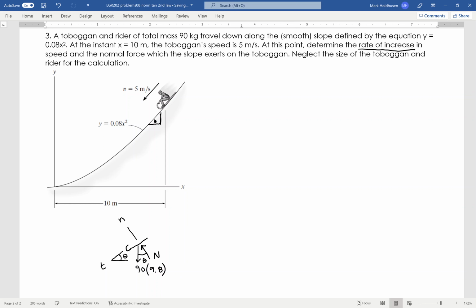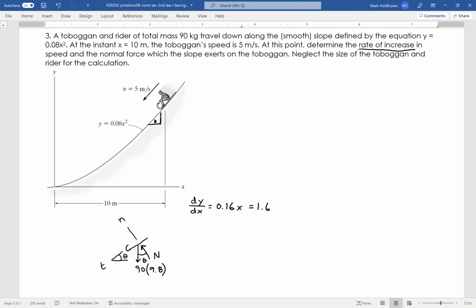It's the same theta. I'm going to find that using the slope of the line, dy/dx, where the equation of the line is 0.08x squared. So that becomes 0.16x, and when x equals 10, the slope is 1.6.